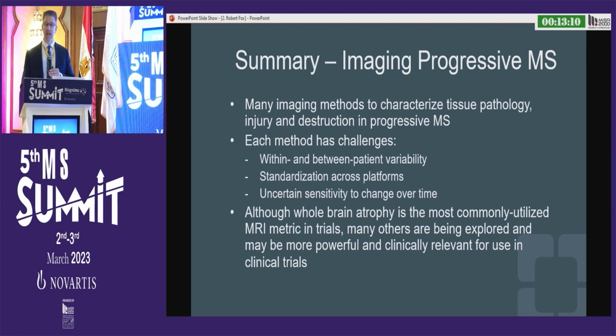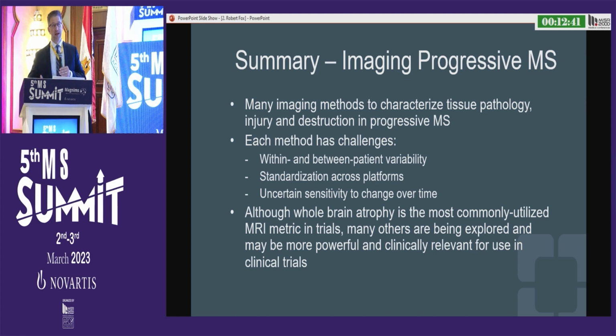We have many imaging methods to characterize tissue pathology, its injury, and its eventual destruction. Each of these methods has its own challenges when it comes to progressive MS, and MS across all types: within and between patient variability, challenges with standardizing across platforms so that the way we measure one is the same across the other, or at least a translation factor, and uncertain sensitivity to change over time.